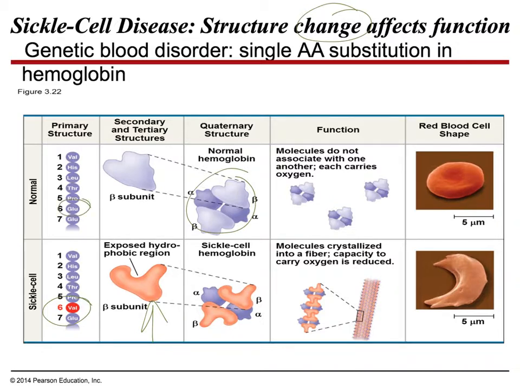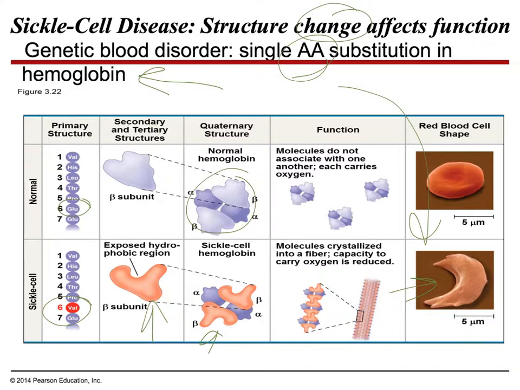And with that change, then we have a different shape. It's no longer circular. And as a result of this different shape now, we get the blood cell looking a little bit different. So the genetic disorder sickle cell disease is where a single amino acid substitution, meaning one replaces the other, affects the structure of hemoglobin, which then affects its function.